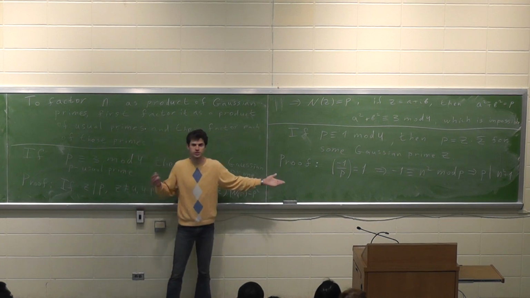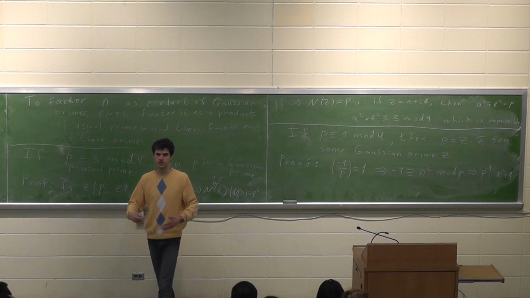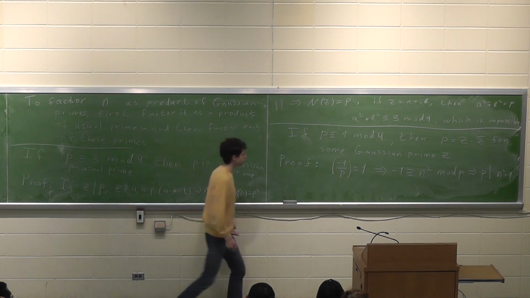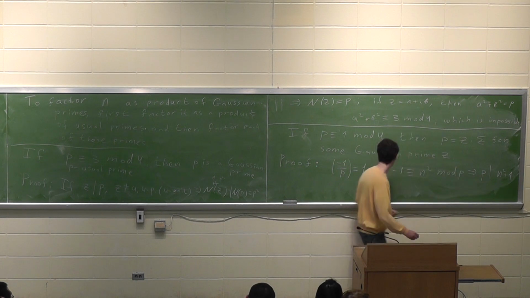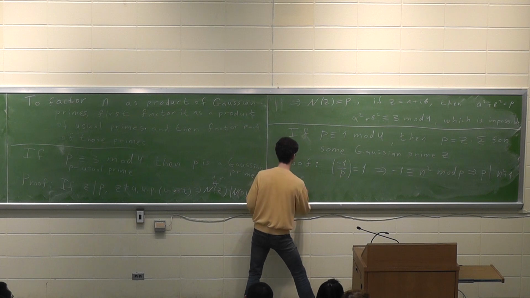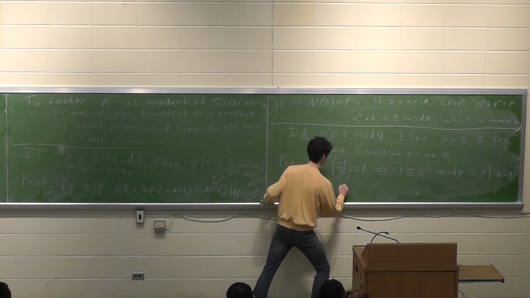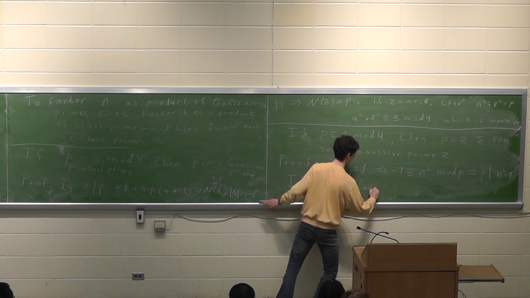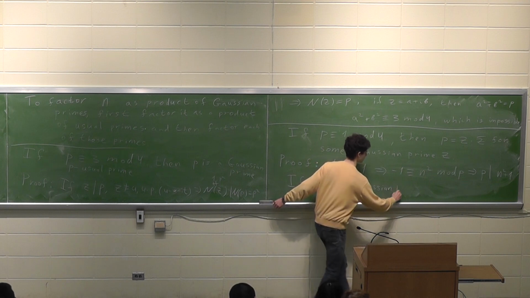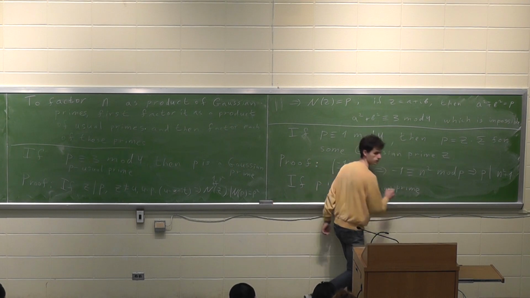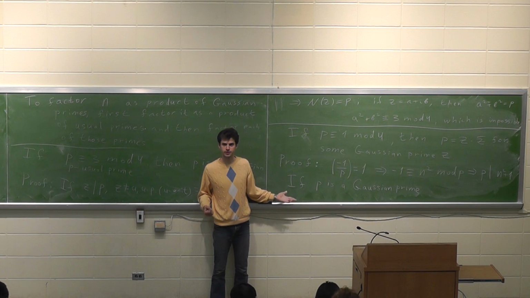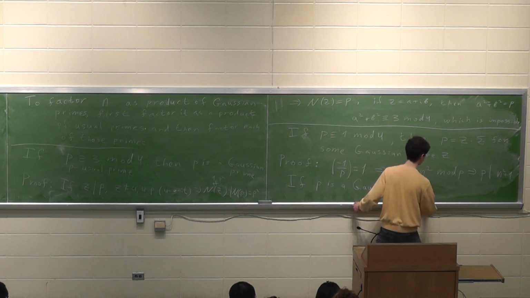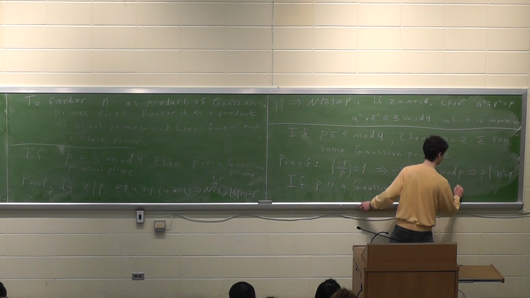Well, in usual integers, n squared plus 1 divided by P is a usual integer. In particular, this holds in Gaussian integers. But now look, assume to the contrary that P is actually a Gaussian prime. Then P is a divisor of this product.